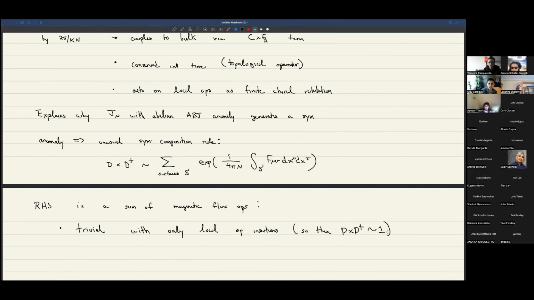Where will you see this sum, though? This will be important for us in a minute. It's non-trivial when you have 't Hooft lines inserted. A 't Hooft line, I remind you, can be thought of as the world line of an infinitely heavy monopole.